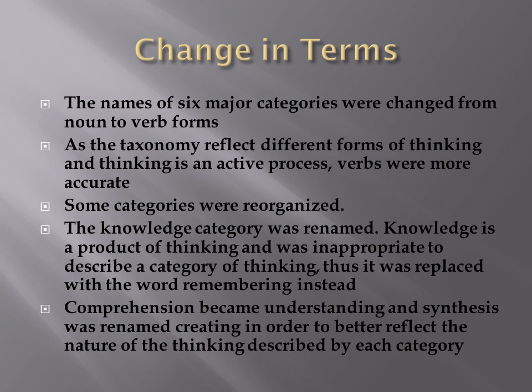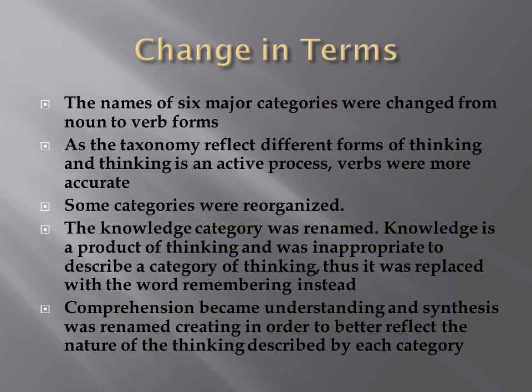Taxonomy reflects the forms of thinking, and you want to make sure you emphasize that thinking is an active process. So we want to make sure that our descriptions of the levels are verbs and how we utilize those. Some of the categories, again, switched places from the original Bloom's to the revised.